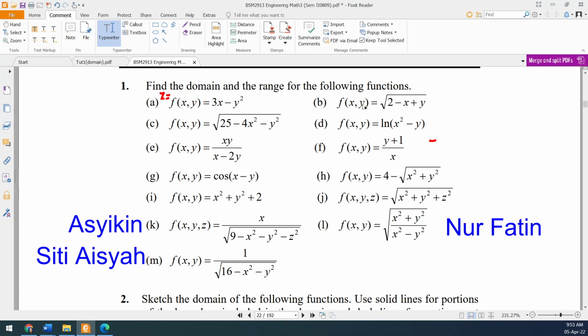So for B and C, you set whatever inside greater than or equal to 0. But because your square root function is at the denominator, it cannot be equal to 0. That's why you only set 9 minus x squared minus y squared minus z squared greater than 0. Cannot take zero, because if zero, it will get infinity.